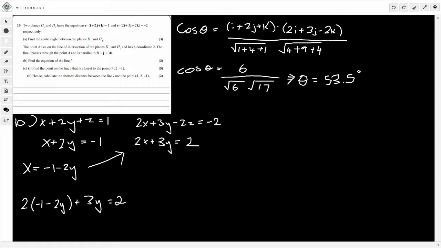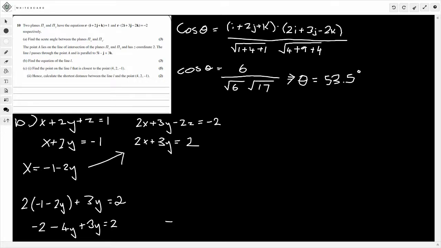So let's expand this and then simplify and solve. 2 times minus 1 is minus 2. 2 times minus 2y is minus 4y, plus 3y is equal to 2. So let's solve from here now. Minus 4y plus 3y, well, that's minus y.